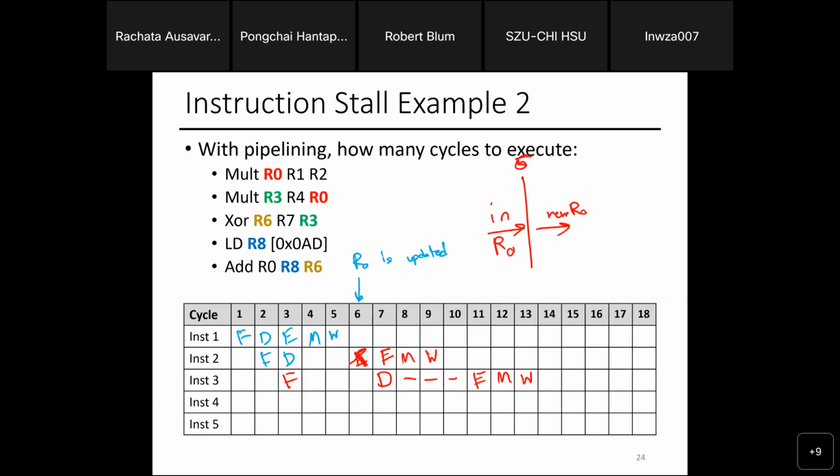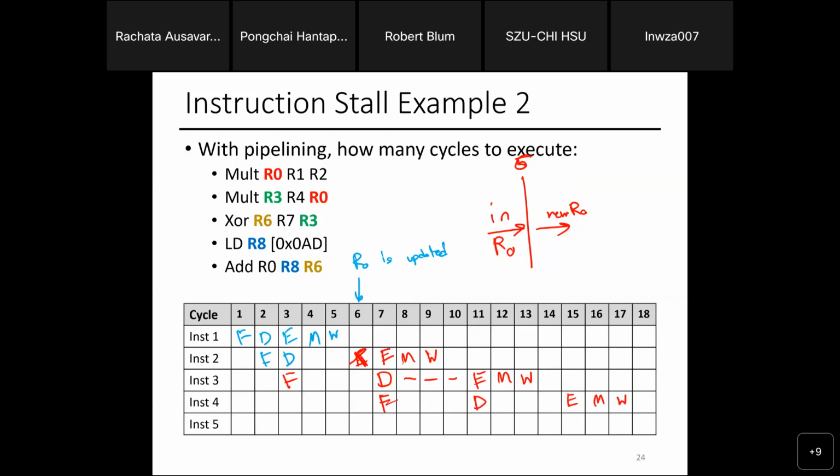So you pipeline fetch and decode, but everything is delayed by 3 more cycles, right? You can then fetch here, decode, and then execute, memory, write back. The same thing for instruction 5, which will go over the table and we don't have room for that.